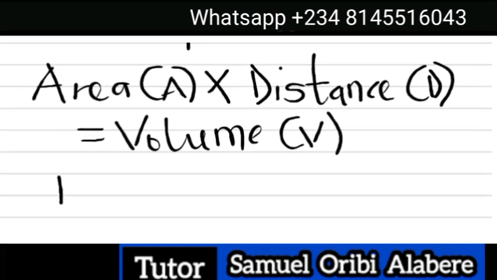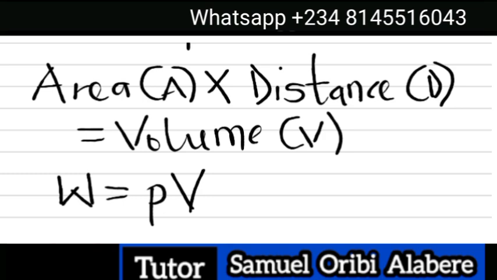That will now give us work done equal to PV, that is pressure times volume. But we are not done getting the formula for work done yet.